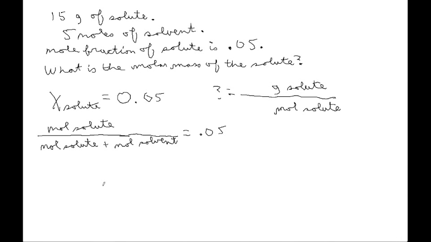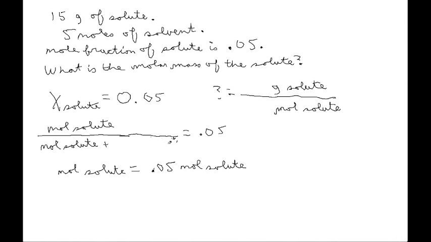And we get 1 mole of solute is equal to 0.05 times moles of solute plus 5 in parentheses, and then we distribute that 0.05, so we get 1 mole of solute is equal to 0.05 moles of solute plus 0.25.